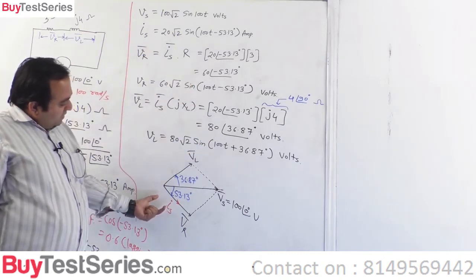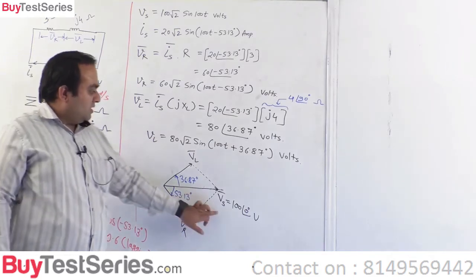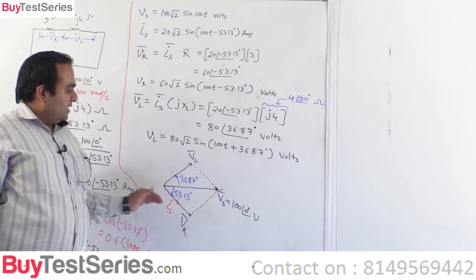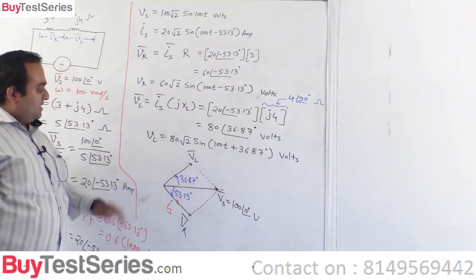So VR is relatively small when compared to VL. This is 100 angle 0 degree volts. This is VR. This is VL. So you can call this a phasor diagram.